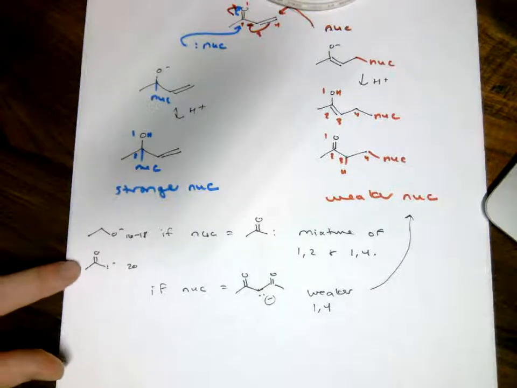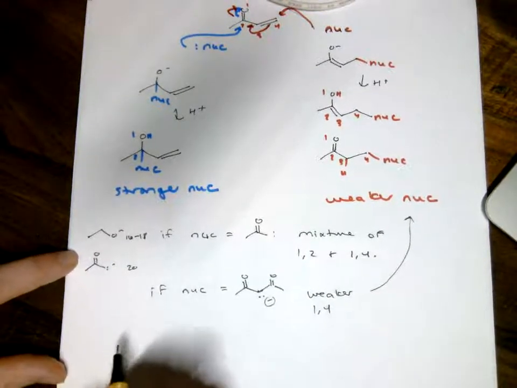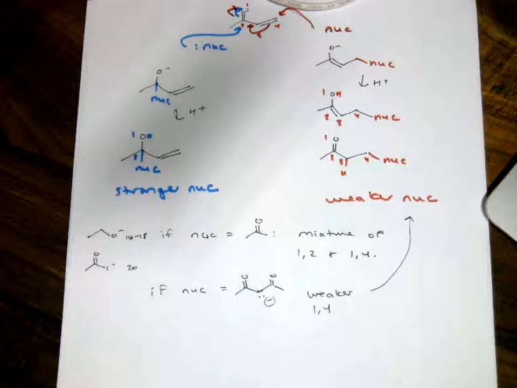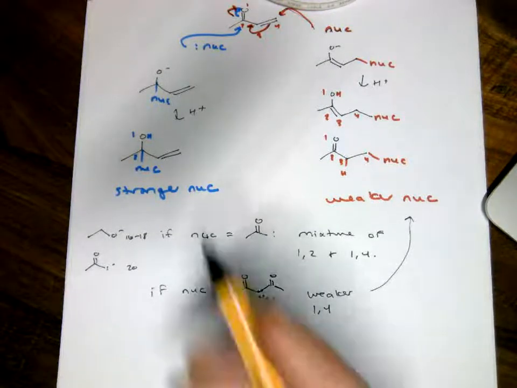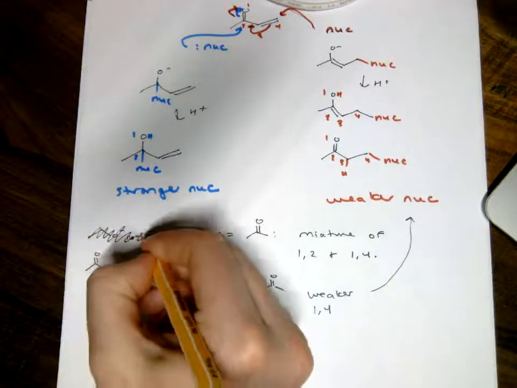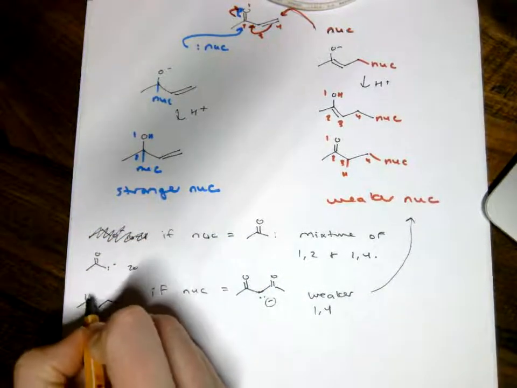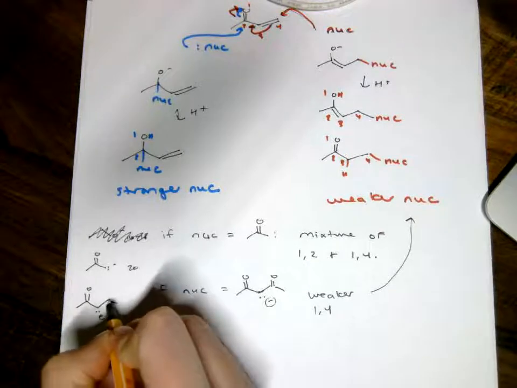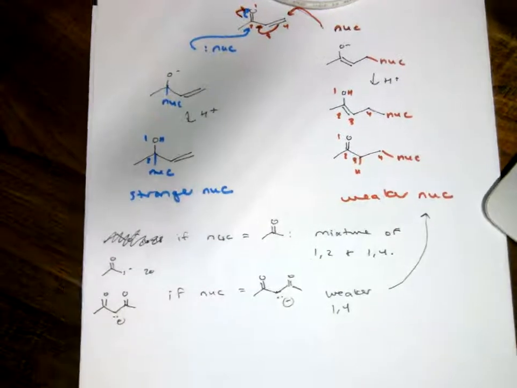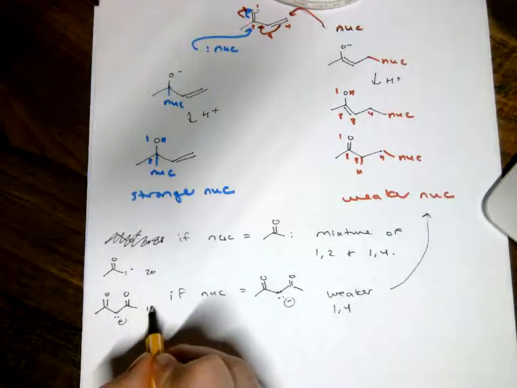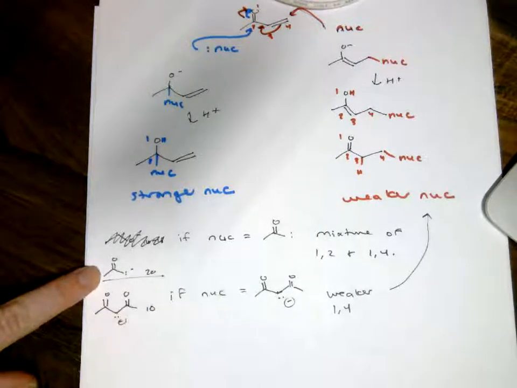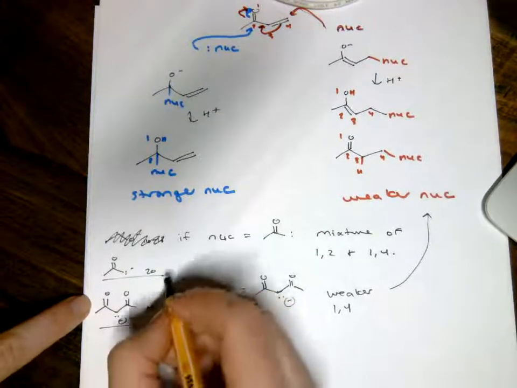Weaker acid, stronger base. Wait, hang on. Let me think here. I think this was kind of a bad example, so I'm just going to focus between these two. If you think weaker acid, stronger base, the pKa of this is closer to 10. So this is a stronger acid, and this is a weaker acid.